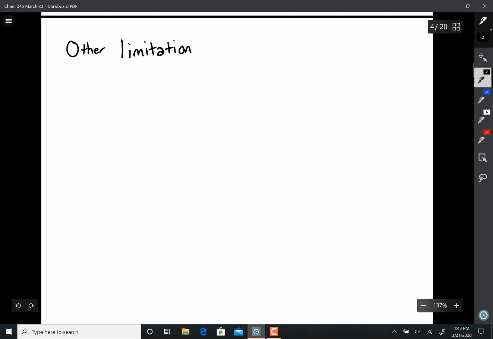Other limitations of Friedel-Crafts chemistry.